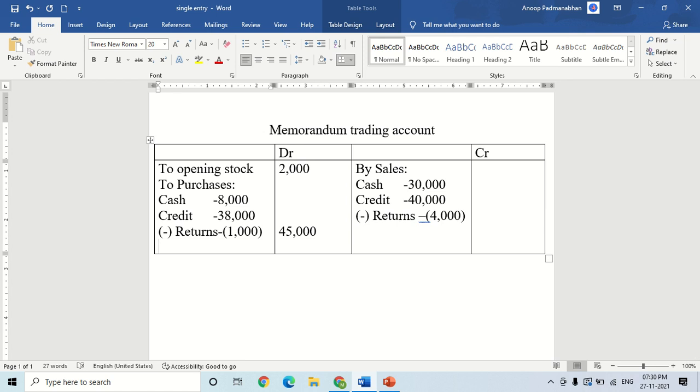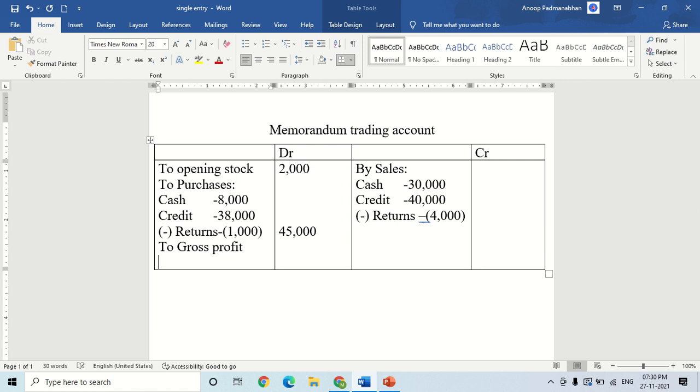That is gross profit, 50% on cost. I will write my profit on my debit side. But it is given as 50% on cost, and I don't have complete data of cost.